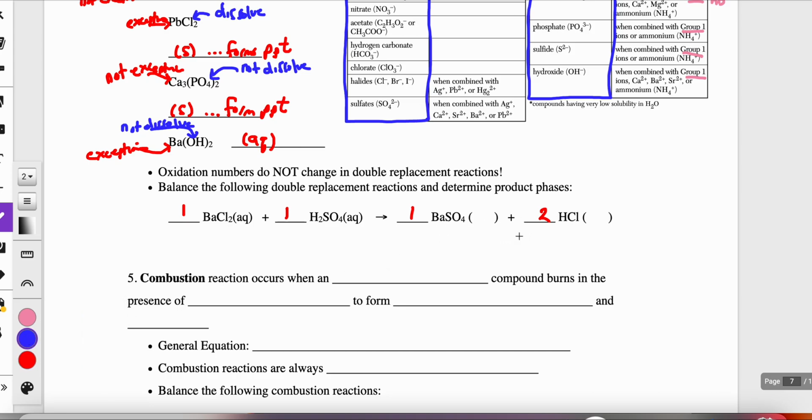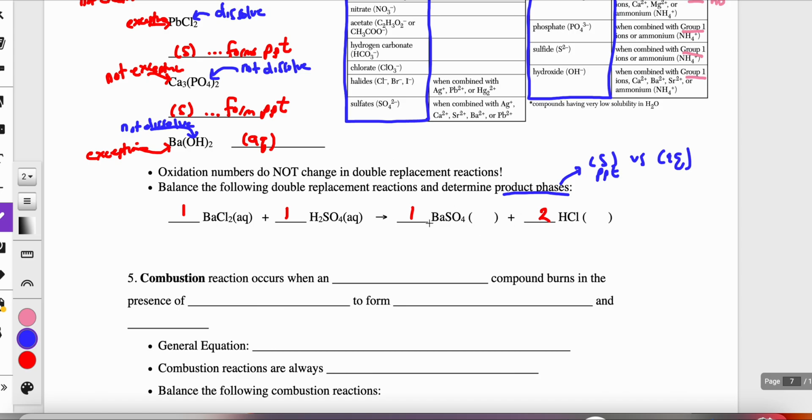One product will be in the aqueous phase, and the other product will be the precipitate, the solid. So the product phases, it's double replacement, so which is the solid because it's precipitate versus which is aqueous. So we have to figure these out.